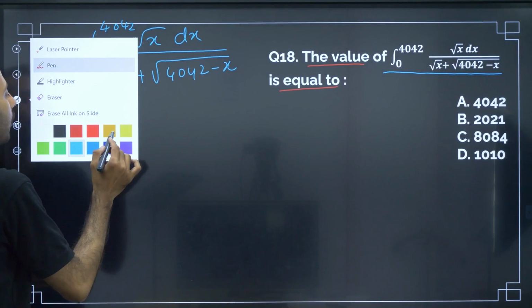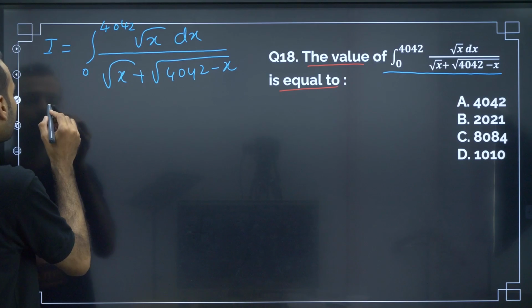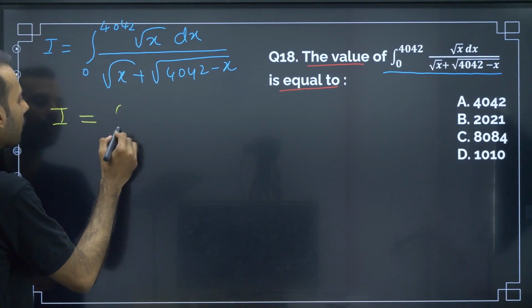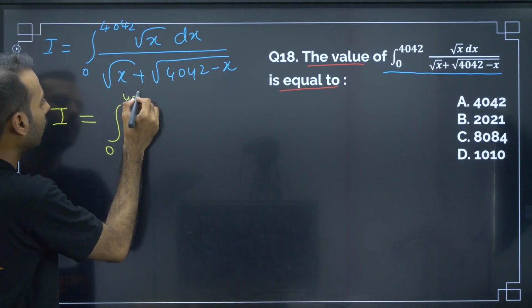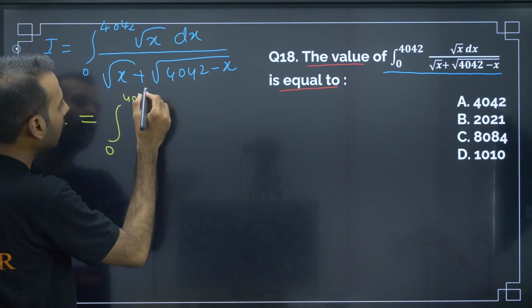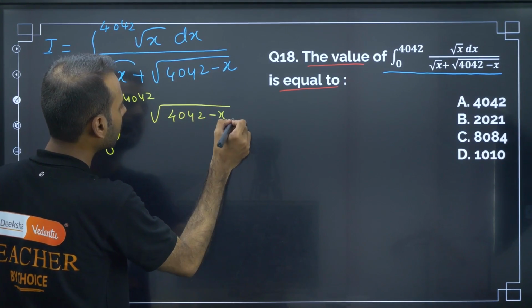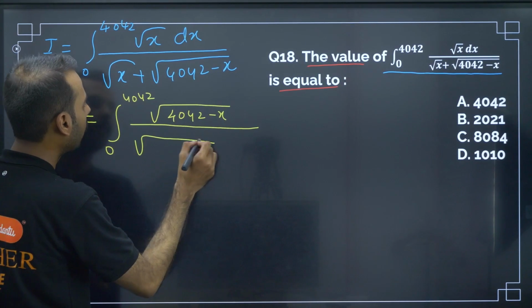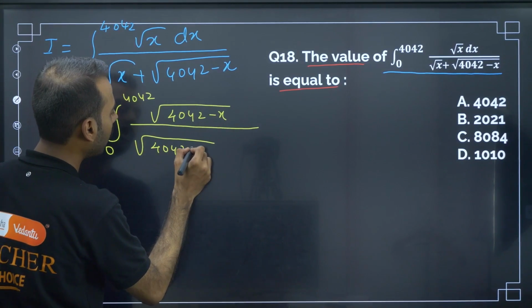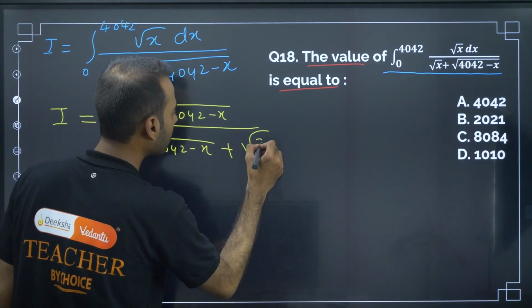Now try to recall one property which we have just now discussed. Integral from 0 to 4042, in place of root x, 4042 minus x, by root of 4042 minus x plus root x dx.